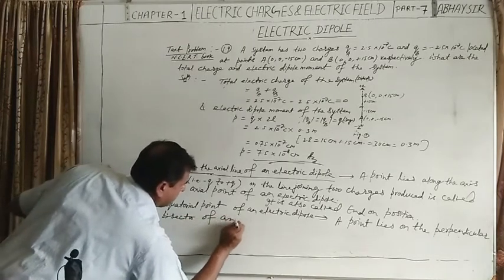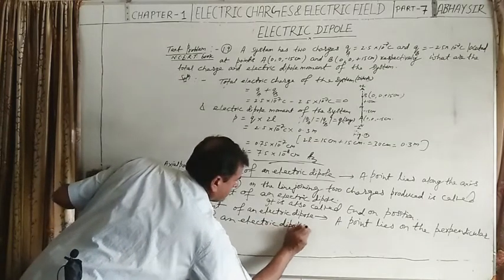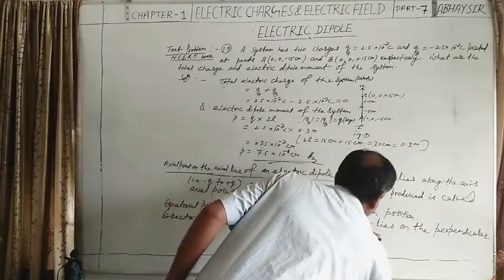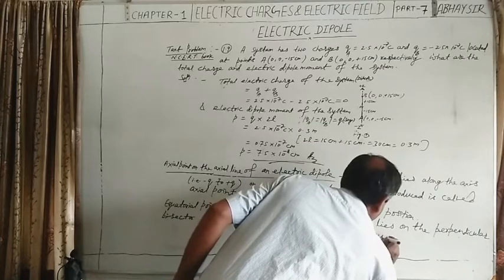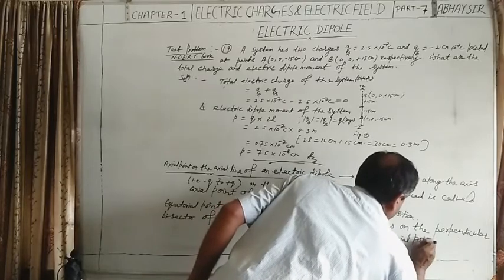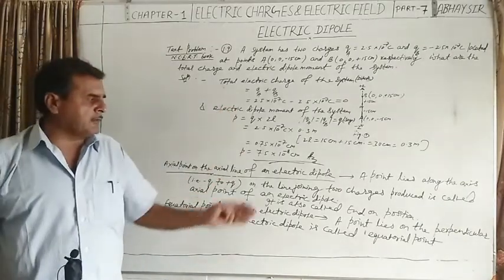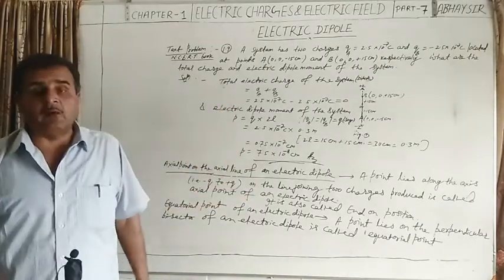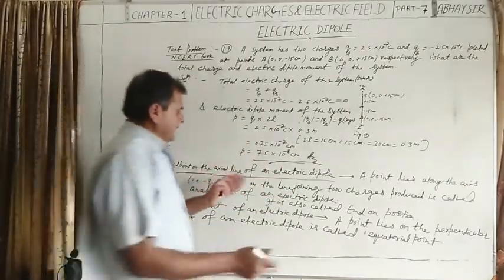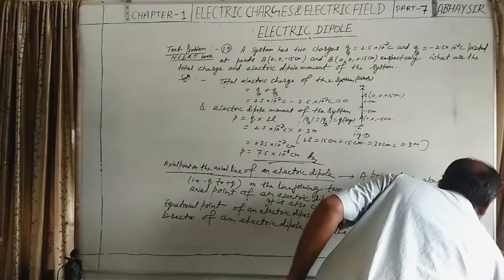And the line passing along the perpendicular bisector of the electric dipole is called the equatorial line, and any point lying on the equatorial line is called an equatorial point of the dipole.